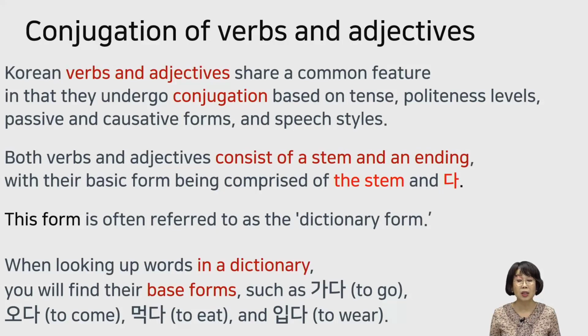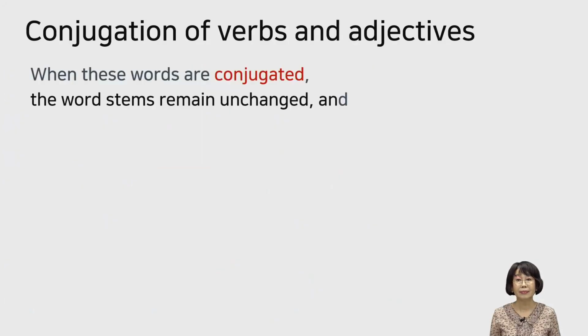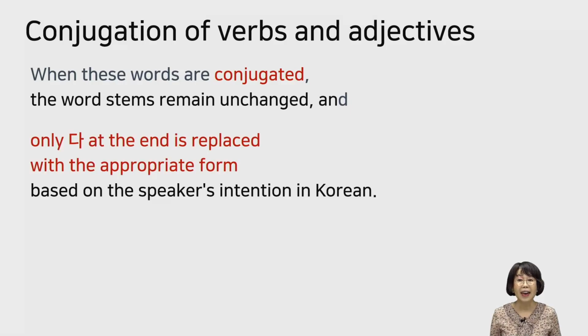The words in Korean all have 다 in the end. When these words are conjugated, the word stems remain unchanged, and only 다 at the end is replaced with an appropriate form based on the speaker's intention in Korean.